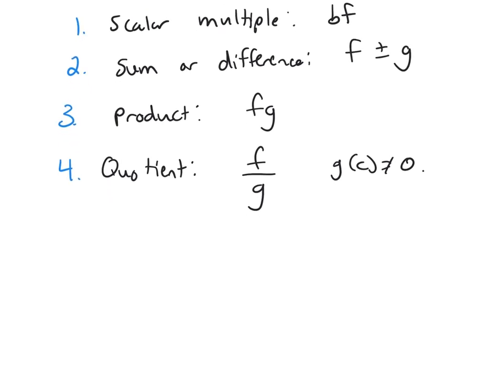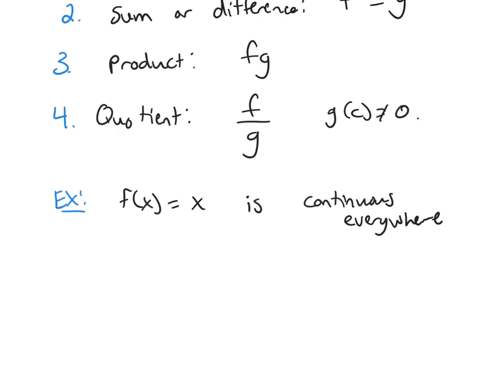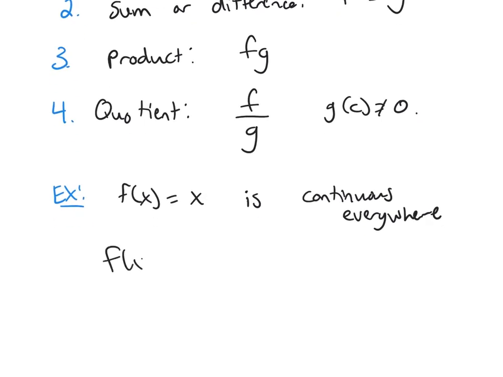So, for example, I know that the function x, this is just a line, is continuous everywhere. Also, the function e to the x is continuous everywhere.